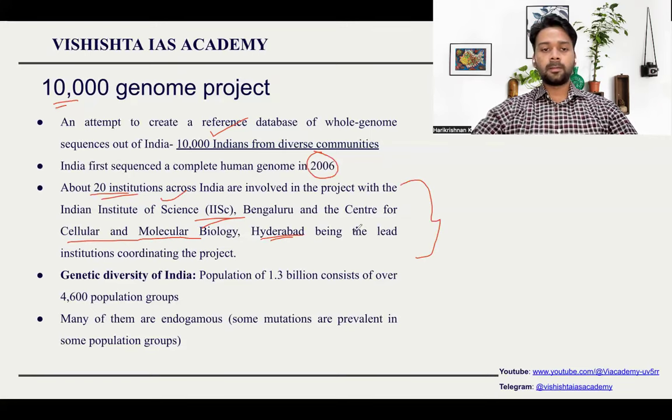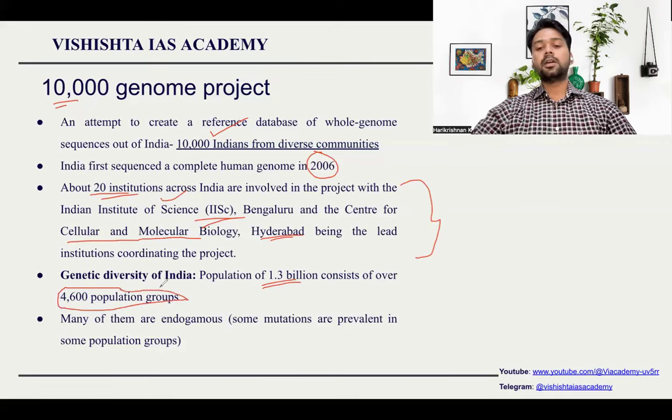This is important. India is a very diverse country because around 1.3 billion population is there and 4,600 different population groups are there. The most important point here is that in India, because it is an ancient society, we have been practicing endogamy for a very long time. Endogamy means marrying within the region or within the religion, within a caste community, etc. Because of which certain genes are restricted to certain sets of people.